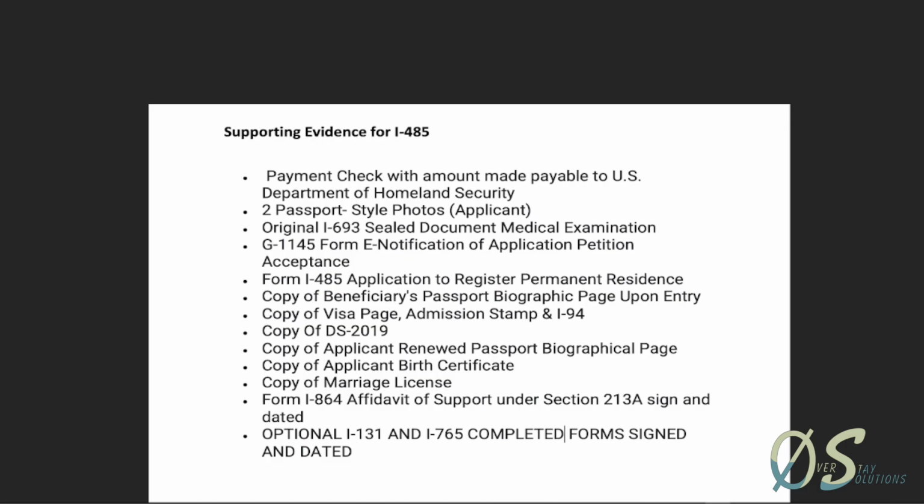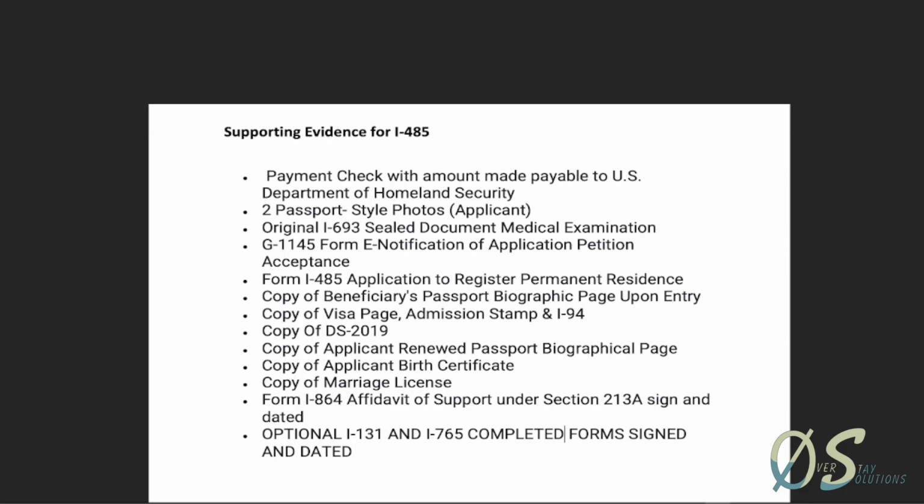So if you have a joint sponsor, that form will also be included. The petitioner does a separate form from the joint sponsor. So the petitioner's affidavit of support will come first and then the joint sponsor. All the other forms different from the I-130 and I-130A, all the other forms should be sent with the I-485.